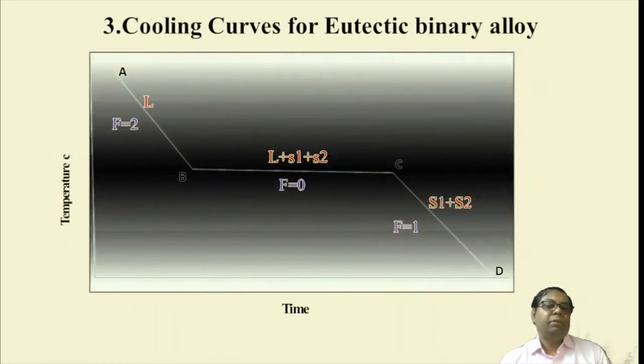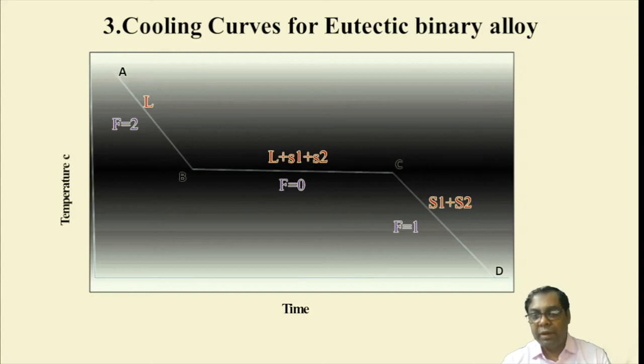Now, one of the most important criteria, criteria number 3, for analyzing the cooling curve for a eutectic binary alloy: we can see that there are a number of notations like L plus S1 plus S2, and finally S1 plus S2. What does it mean?